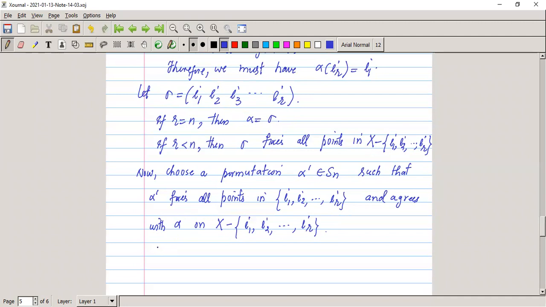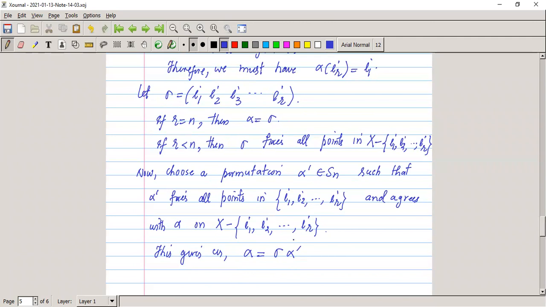We note that this gives us alpha as a permutation which can be written as sigma into alpha dash. Now sigma is a part of permutation alpha, which is an R cycle and it moves these points.